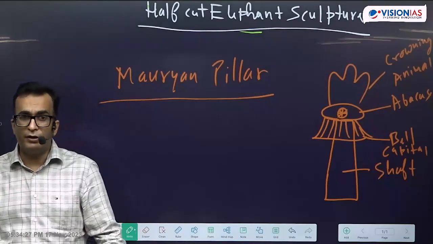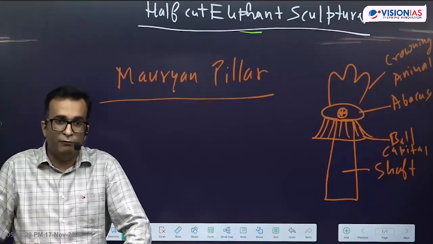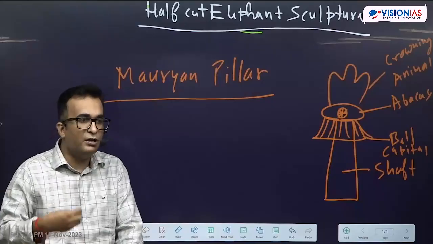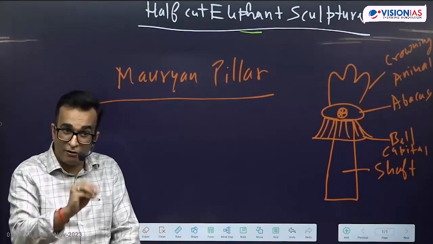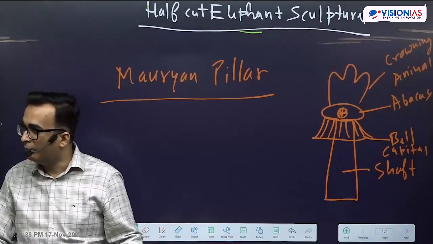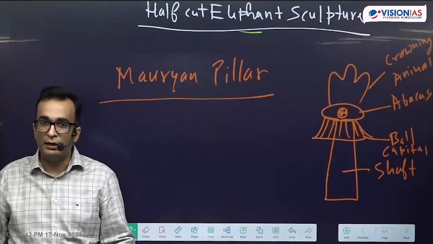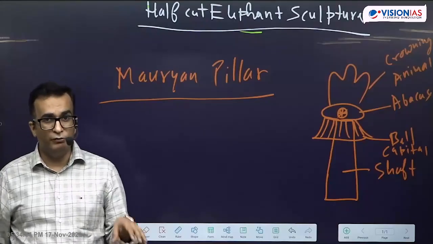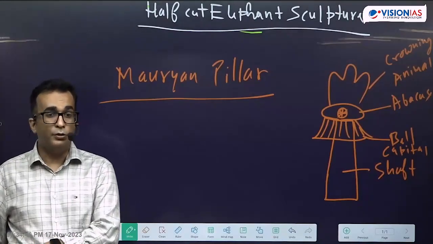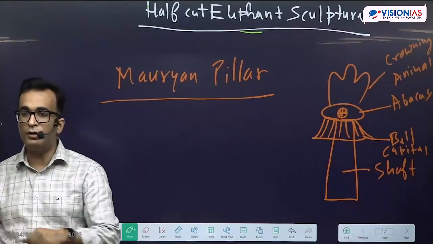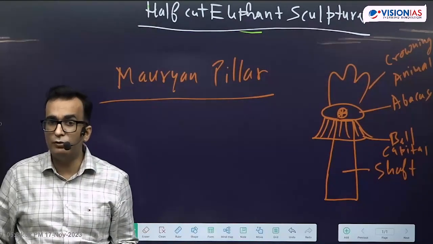Number two difference, the craftsmanship of the Mauryan pillar was much higher. Okay? So the skill of the carver was much higher. More refined images were there in the Mauryan pillars, but not so refined images were there in the Achaemenian pillar. When it comes to height, Mauryan, as we mentioned, had a 40 feet average height, but when it comes to Achaemenia, the average height was 20 to 25 feet.